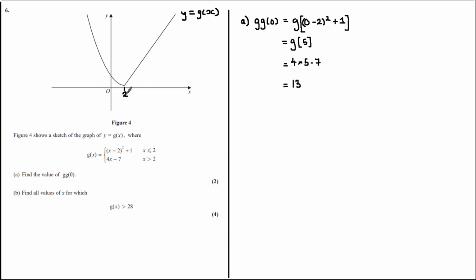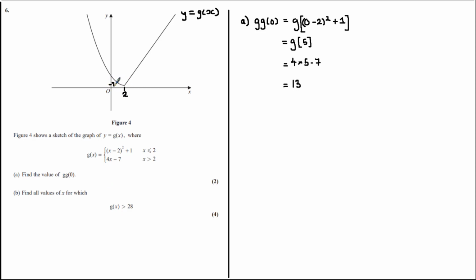Now if we were to work out the corresponding y value of x is equal to 2, well, because x is only allowed to be equal to 2 when we're looking at the quadratic, we'll have to substitute x equal to 2 into this function to give us (2 minus 2) all squared, so 2 minus 2 is 0, all squared is 0, plus 1. So that gives us a corresponding y value of 1.